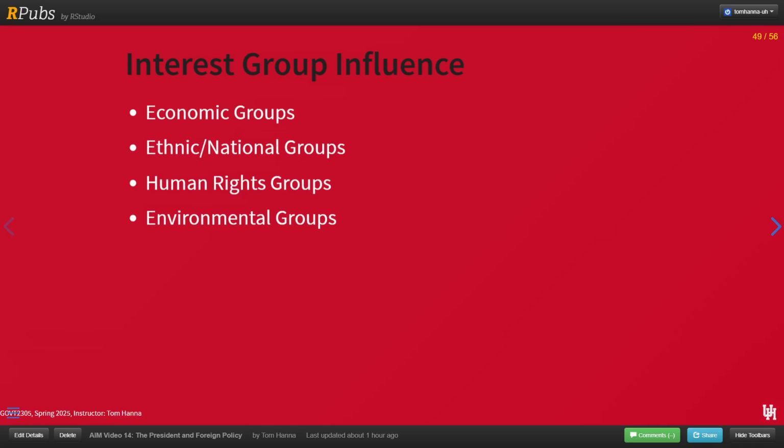Specific ethnic groups within the United States that may be related to people in another country ethnically may try to influence foreign policy towards that country. And this can go a couple of ways.